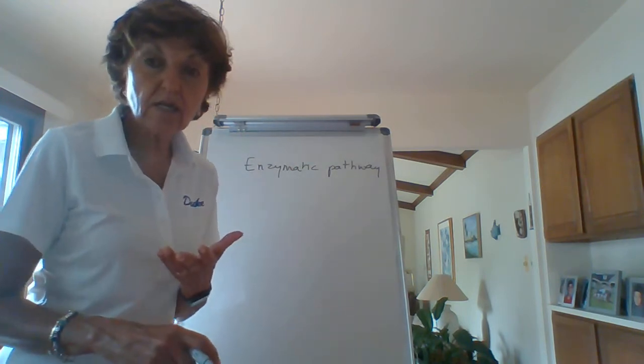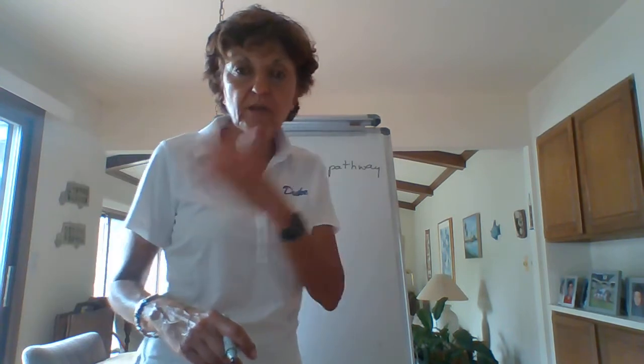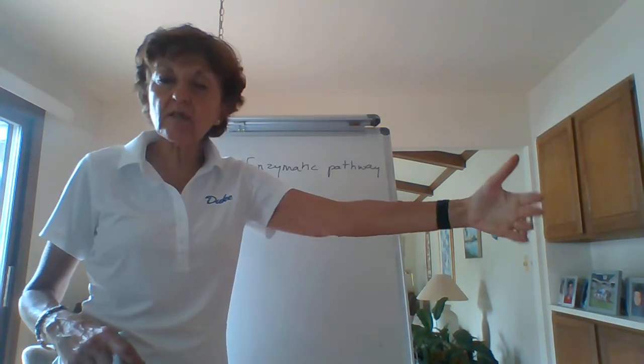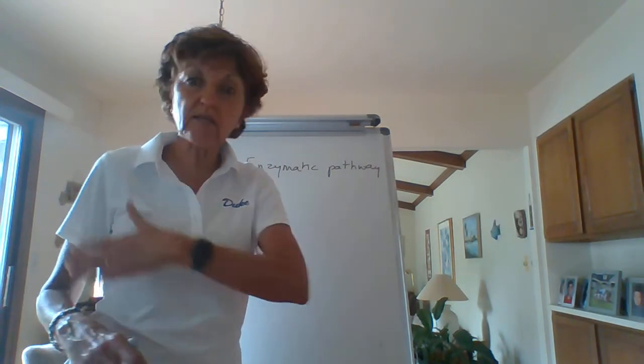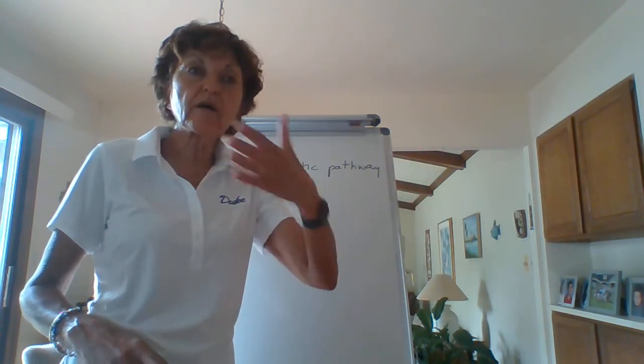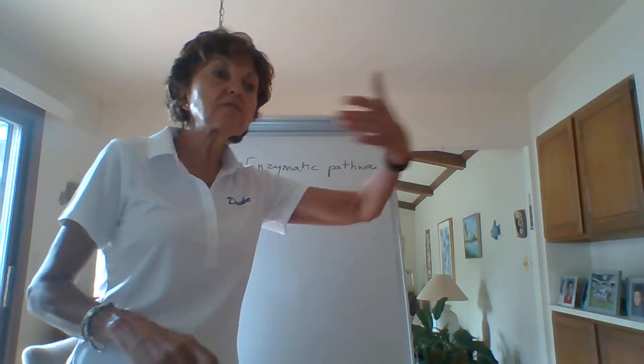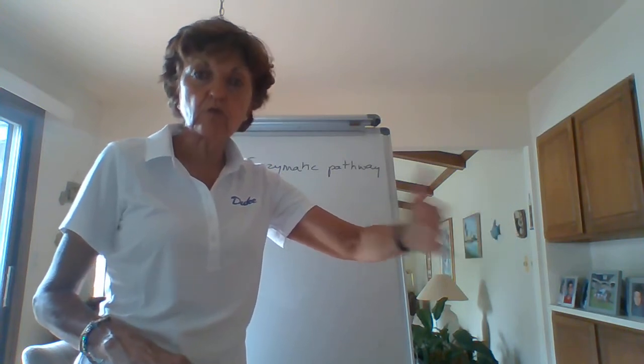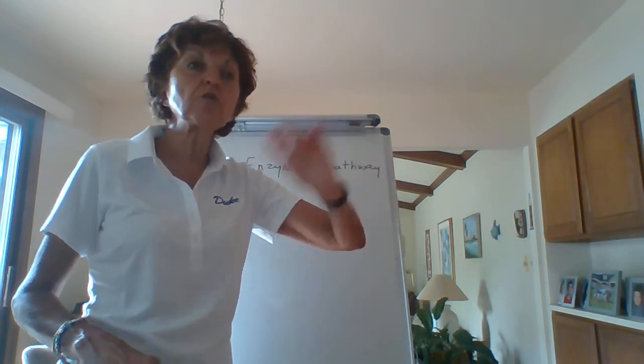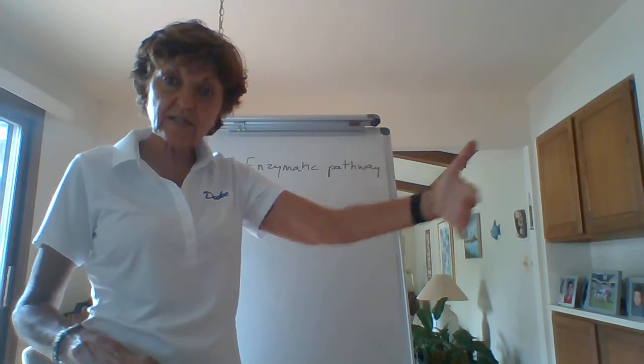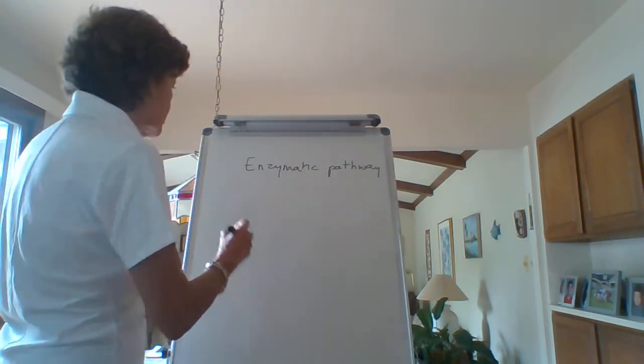In fact, you're going to see in chapter 24 that glycolysis is an enzymatic pathway. It's got 10 enzymes. The product of enzyme 1 becomes the substrate of enzyme 2, the product of enzyme 2 becomes the substrate of enzyme 3. So we're going to show it this way.